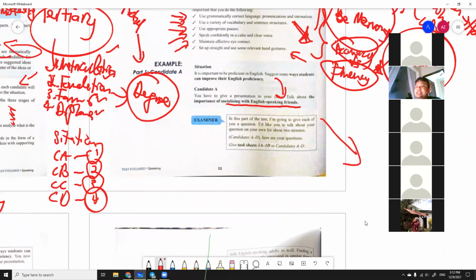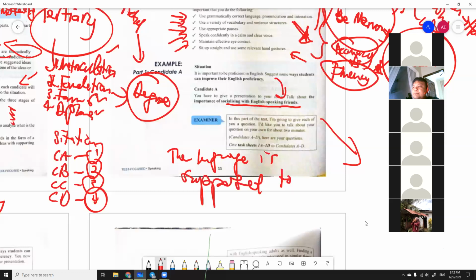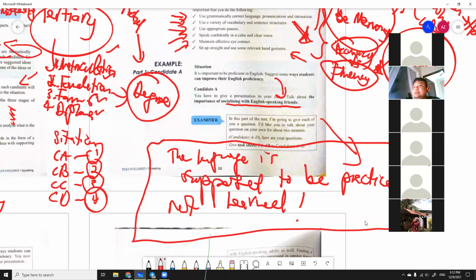The language is supposed to be, let me write it down over here, the language is supposed to be practiced, not learned. Okay. All right. I want you to bear in mind, the language is supposed to be practiced, not learned.